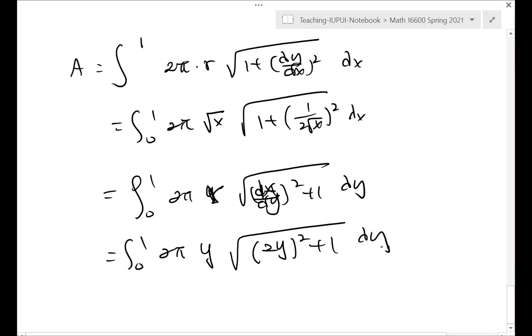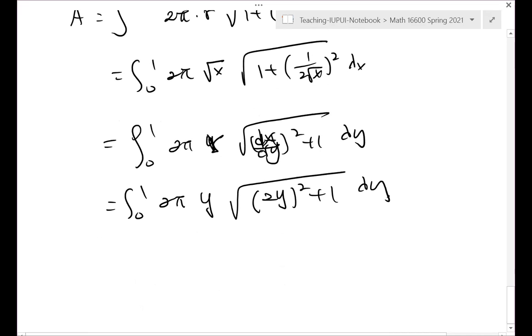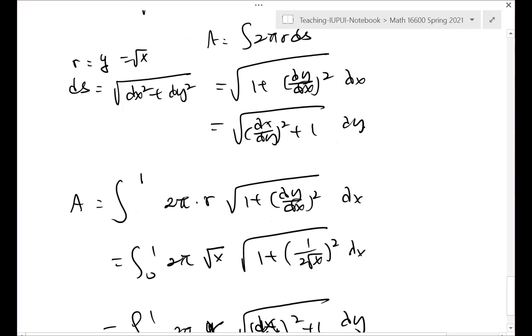And I think for the same area, this integral is better. You can use that to evaluate the integral. Just use the substitutions, and you can find the area quickly. All right, so that's the first problem.